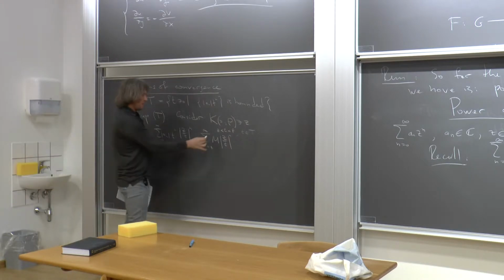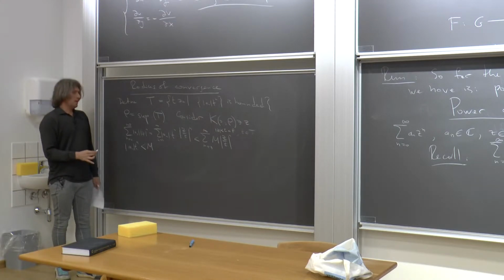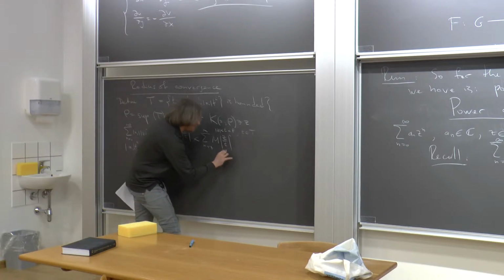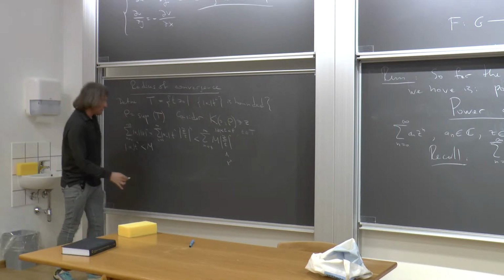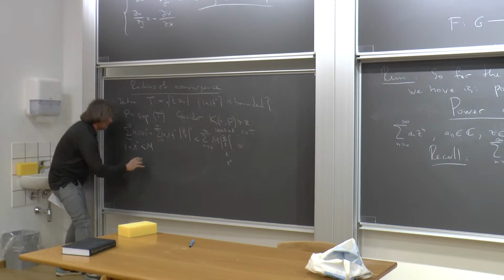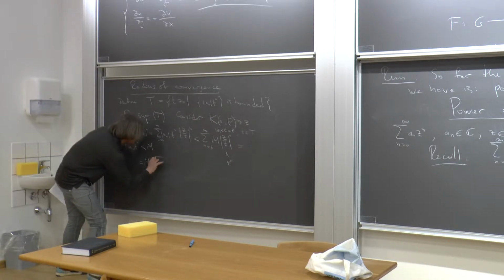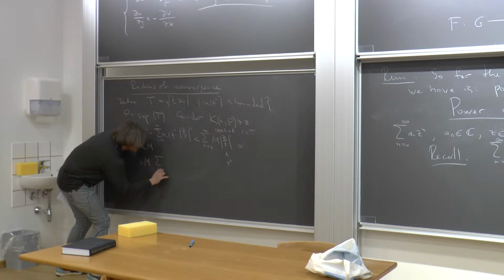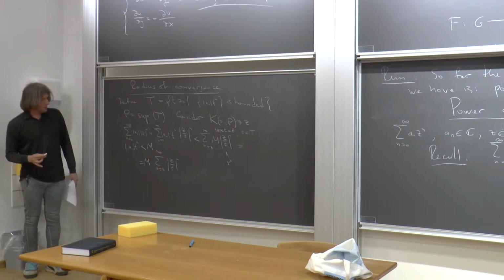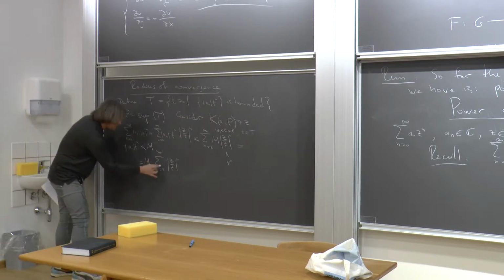now notice that by my choice, sorry, this is the radius. So by my choice, this number is less than 1. So take m outside of the brackets, and we get, by the way, so this series converges.